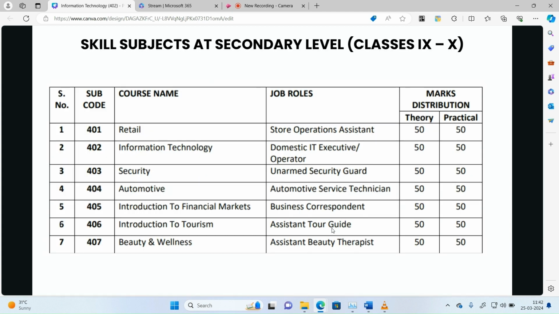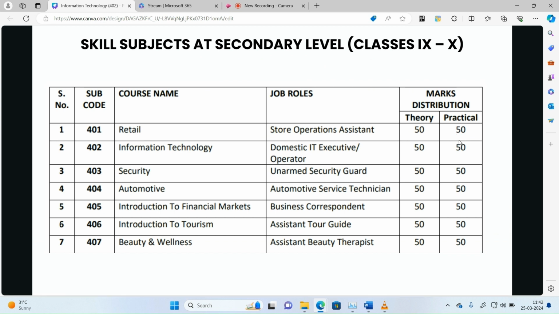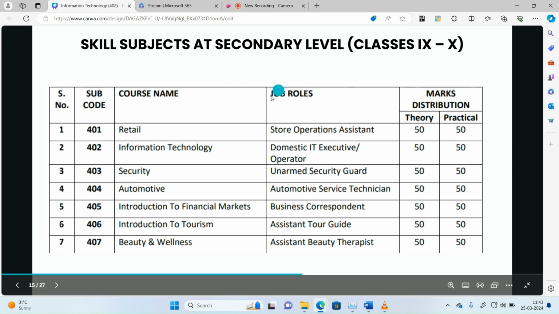You can just take a look over here and see how the subjects are divided, and you can see that the mark distribution of the subject is 50 plus 50. That is 50 marks of theory and 50 marks of practical. The subject code of information technology is 402. Like this, we have other subjects like tourism, beauty and wellness, and you have the corresponding job roles.